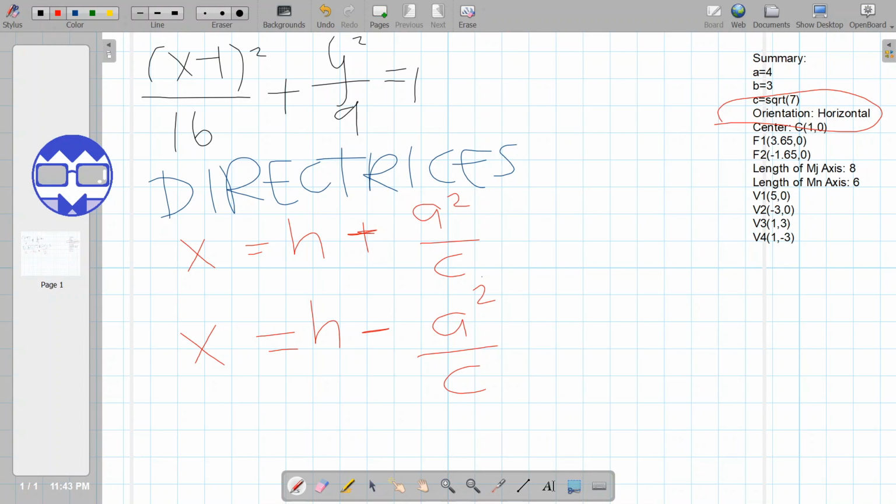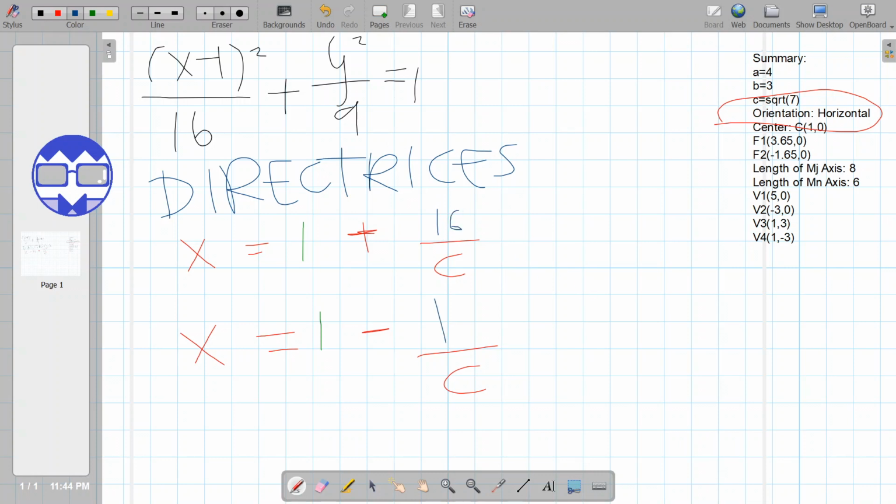You can put sub 1 here, X sub 1 or X sub 2, but later na lang. So let's try to substitute now. Our H is 1. A squared is this one, 16, since 4 squared is 16.